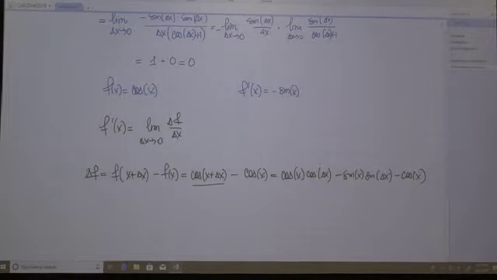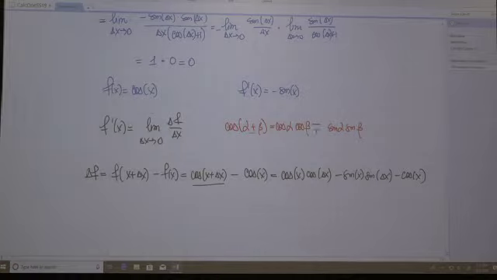Because there is a formula: cosine of alpha plus beta is equal to cosine of alpha, cosine of beta, minus sine of alpha, sine of beta. If it would be minus here, then it would be plus here.